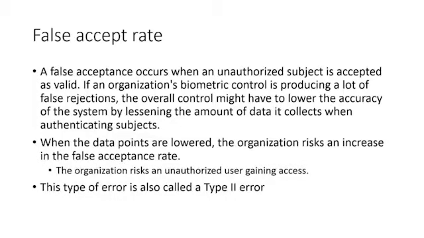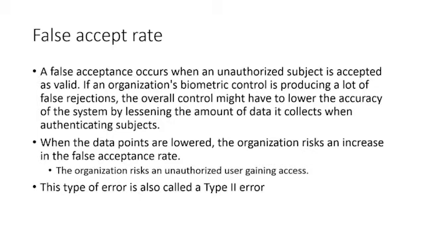And as soon as you do that, you can start introducing vulnerabilities, because now we can get this false acceptance rate. So when the data points are lowered down, all right, so they say, okay, we're going to do a fingerprint scan. I want 5 points scanned on your finger. Well, it's giving us lots of errors, so let's turn it down to 3. Well, somebody might be able to match 3 of them up on your finger, right?